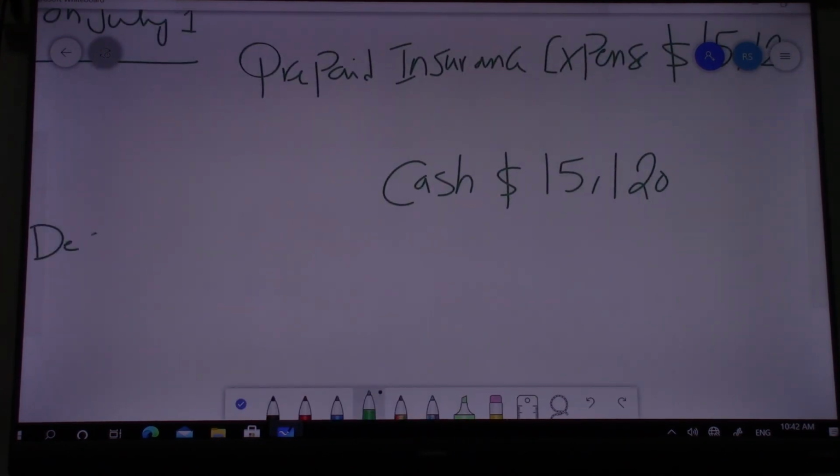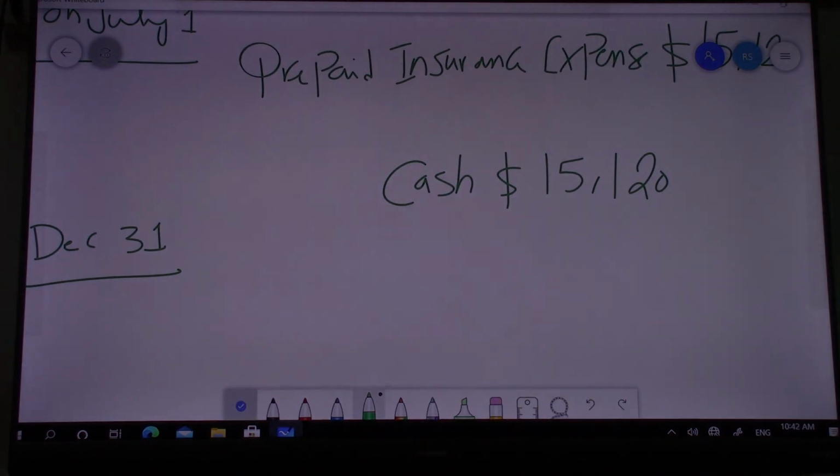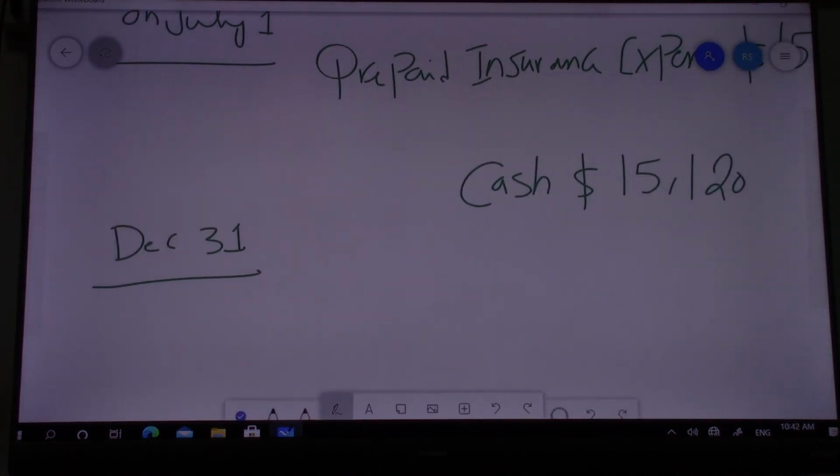What happened on December 31st? You purchased this on July 1st. So from July 1st to December 31st, the insurance expired. And how many months of insurance expired on December 31st?